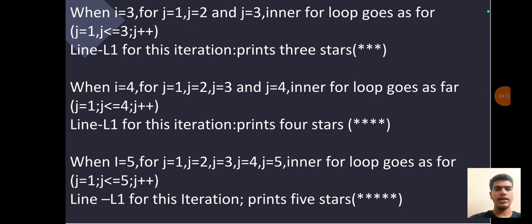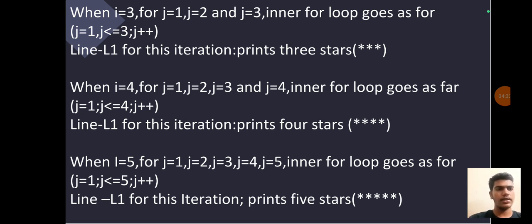When i is equals to 3, j is equals to 1, j is equals to 2 and j is equals to 3, the inner for loop goes as for j equals 1, j is less than or equals to 3 and j increments. So this line L1 for this iteration prints 3 stars.